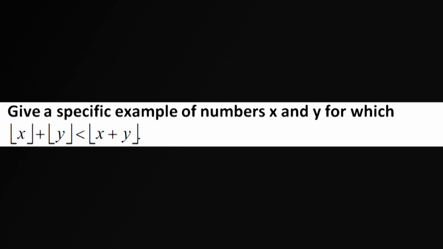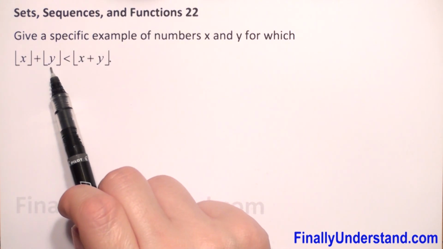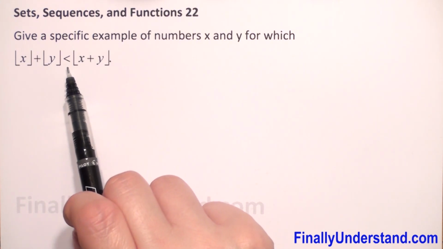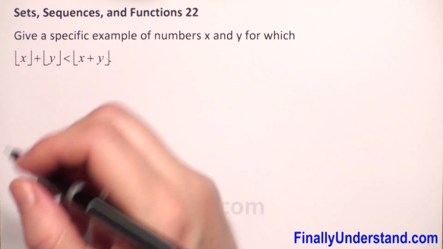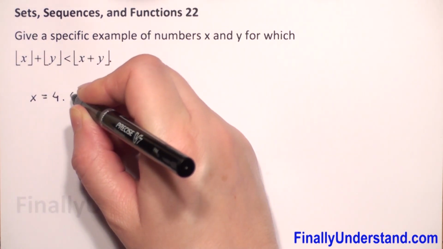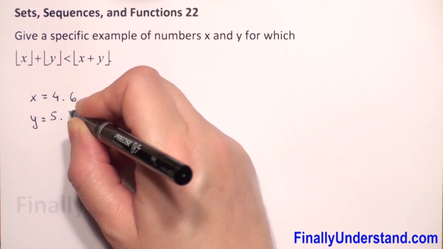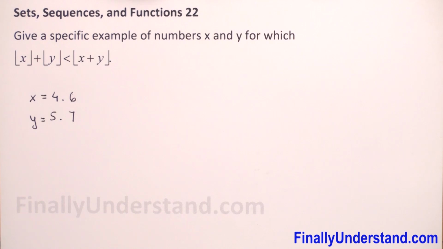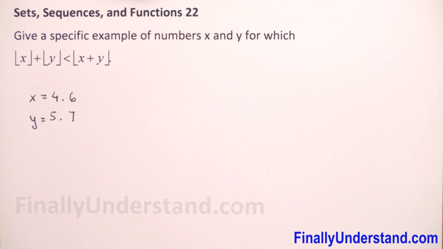We have to find example of numbers x and y for which floor of x plus floor of y is less than floor of x plus y. So let's put that x is equal 4.6 and y is equal 5.7, and we will check if for these numbers this inequality is true.